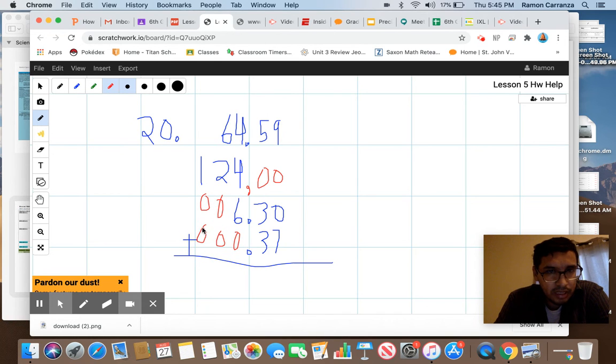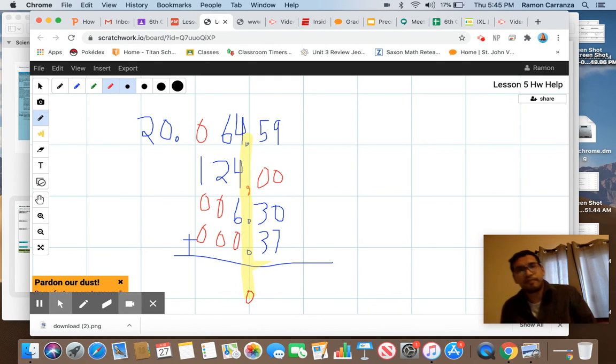You don't necessarily need to use terminal zeros, but I like to use them just to make sure that all my tenths are lined up with tenths, hundreds with hundreds, ones with ones. Just like in Hercules, we want to make sure that our planets are lined up, and that you put your decimal place where it needs to go. And then from here, you just complete your computation and find the sum.